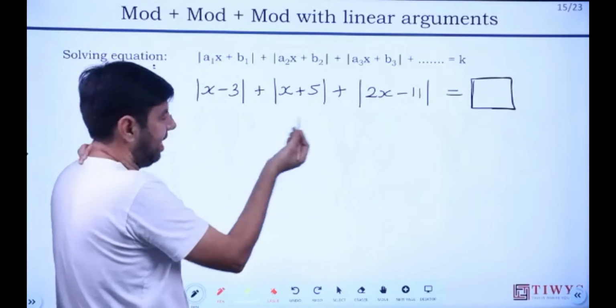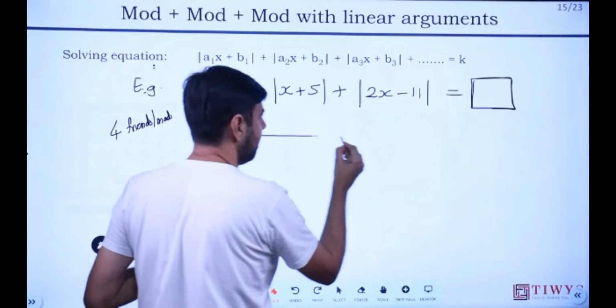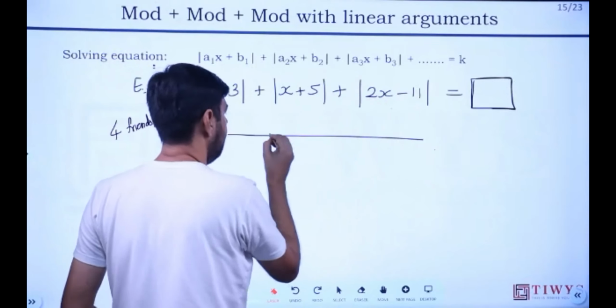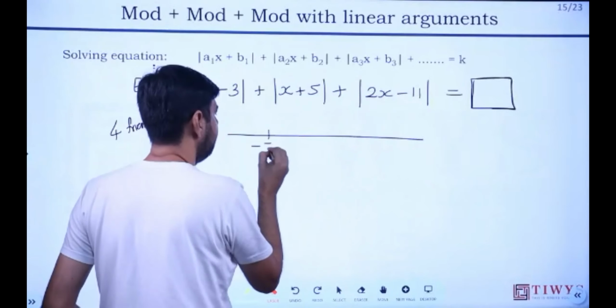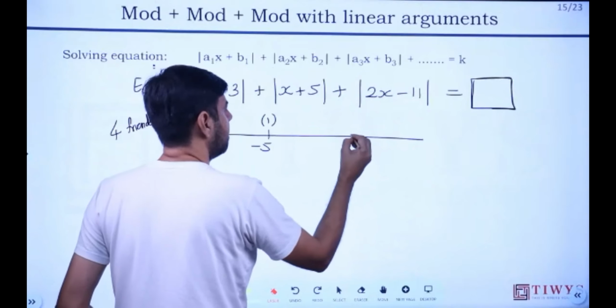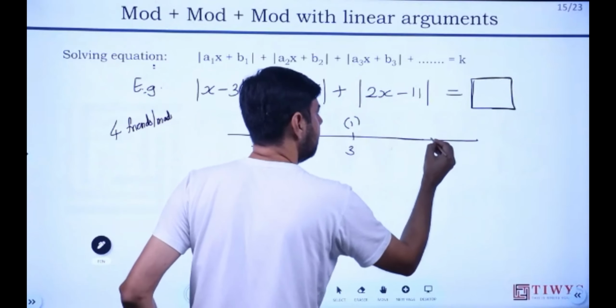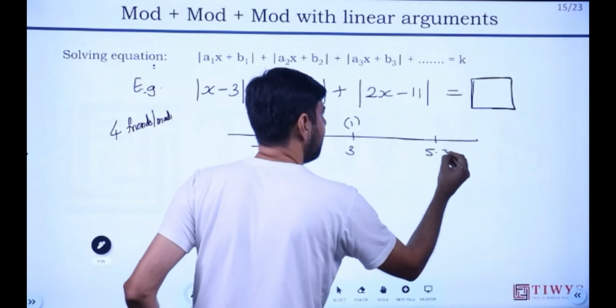Let's plot it: 3, minus 5, and here 5.5.